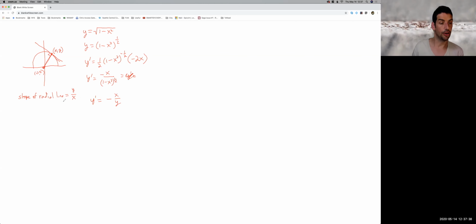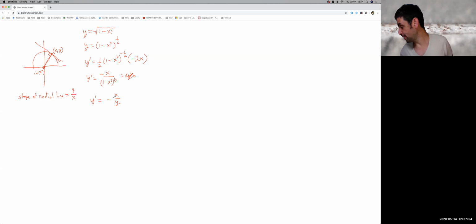Okay. So this is the slope of the tangent line at any point along here. And what we notice is it is the opposite reciprocal of the slope of the radial line, right? Y over x becomes x over y, and we add a negative. And there's a geometric fact, and this one I'm not going to prove. I hope this is somewhere lodged in your memory, that the slopes of lines perpendicular to each other have exactly this relationship.